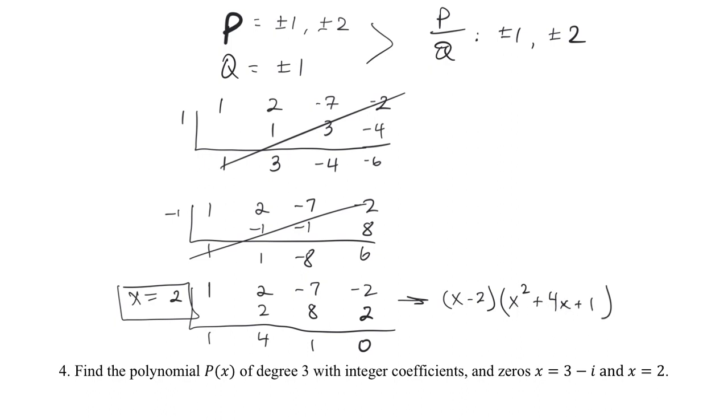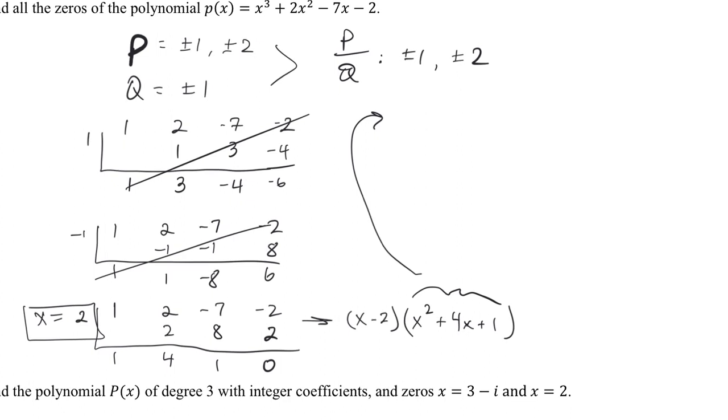So what we need to do is take this and use the quadratic formula. So x equals the opposite of b plus or minus the square root of b squared minus 4 times a times c, divided by 2 times a.